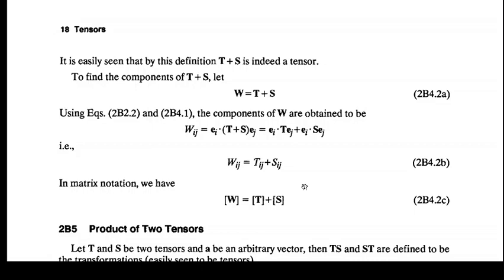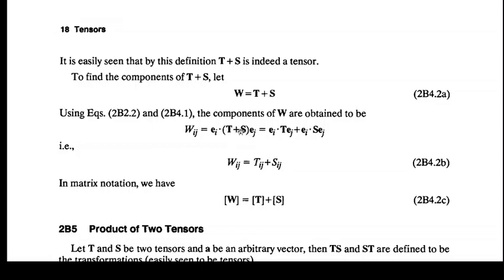Now let us find its components. Here we are using the definition of the components of a tensor: if you have tensor T, its components Tij will be equal to Ei dot T Ej. In similar fashion, if you denote the sum by W, then Wij, the ijth component of the sum, equals Ei dot (T plus S) Ej, where T plus S acts on Ej.